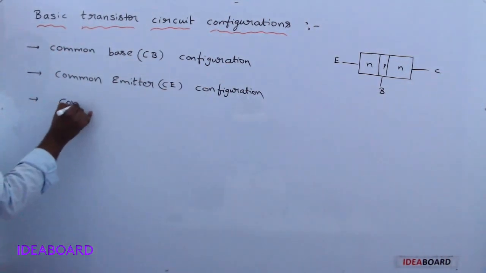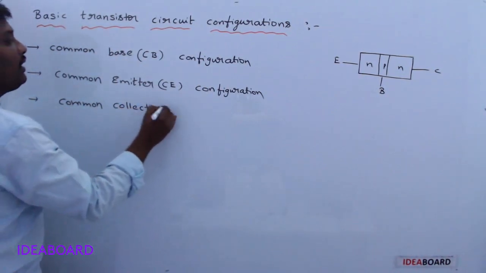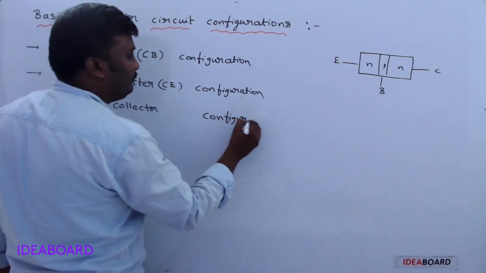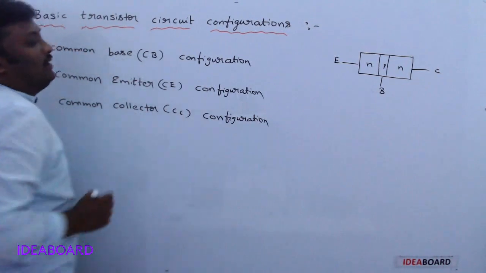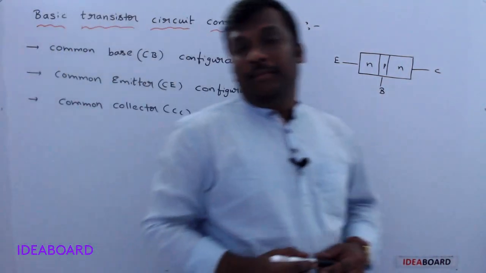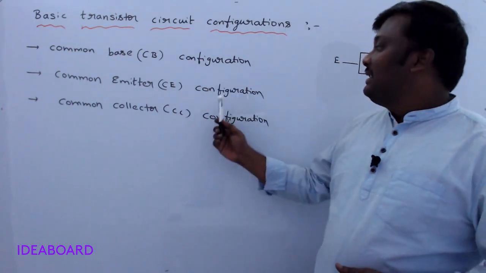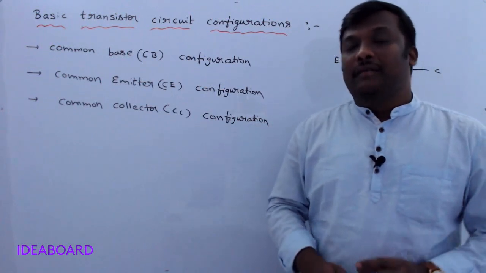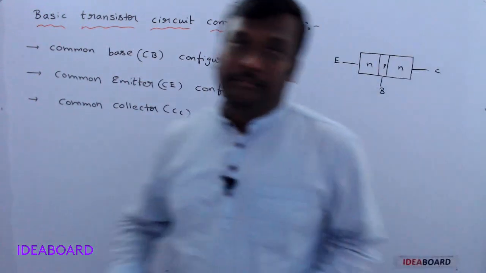And the third one is common collector configuration, CC configuration. So there are three types of configurations: CB, CE, and CC. We will discuss each of them.